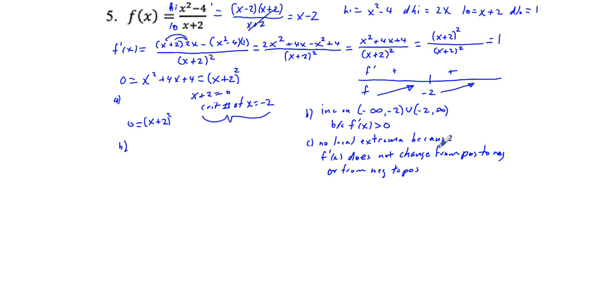So the slope is constant, and f double prime of x equals 0, but that's going to be everywhere.